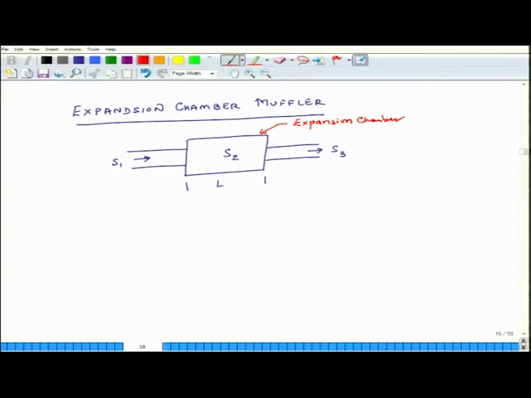This is what the expansion chamber is. So, this is a single chamber design, and if I want to look at multiple chambers or maybe dual chamber, then it could be something like this.